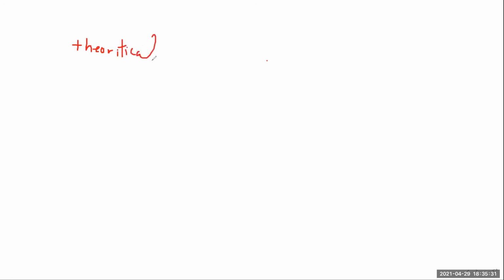So let's talk about what we're looking at. When we're talking about theoretical yield, theoretical yield is what you actually calculate, okay? You know how much stuff you're putting in there, so you should be able to calculate how much stuff you're going to make, right?